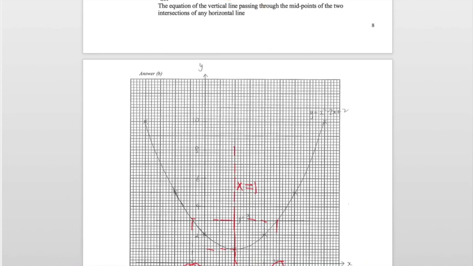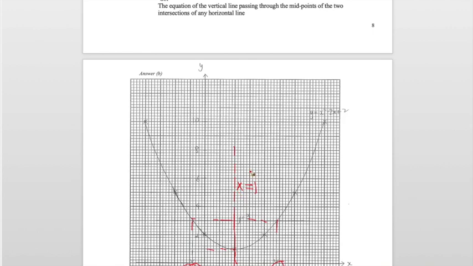It can be obtained by drawing a vertical line through the minimum point. The equation can also be found by drawing a vertical line through the midpoint of 2 points in a straight line. Any 2 points in a straight line, if we draw a vertical line dividing that line into 2 equal halves, we will also get the same answer.